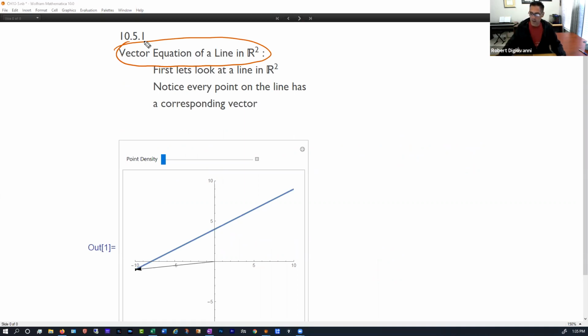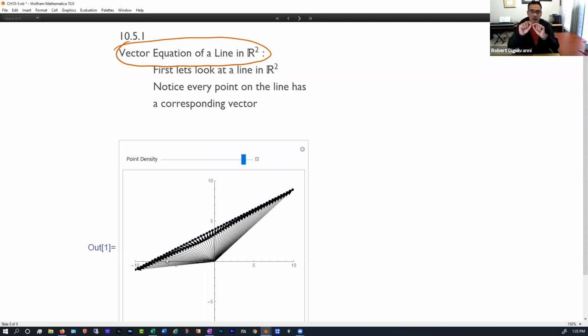It would be like, here's a line, right? I've given you just an arbitrary line. I could imagine that I could define this line using vectors by saying, hey, that line is made up of just all the vectors that point to all the points on the line. Does that make sense? So every one of these vectors together makes up the line. It's a new way of looking at lines.